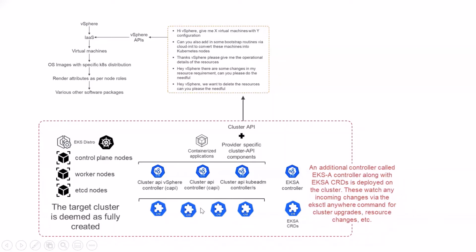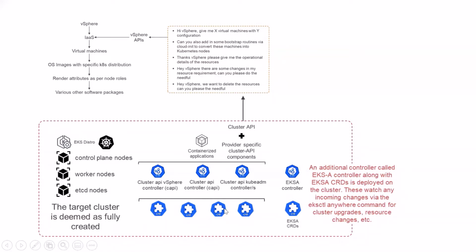So these CRDs were what? Machine configurations, cluster configurations, and things like that, right? For this target cluster itself. Earlier, they were residing on the Bootstrap cluster, but now they are on the same cluster in a certain namespace. But essentially, when the EKSA controller hears those changes, these CRDs will get updated.